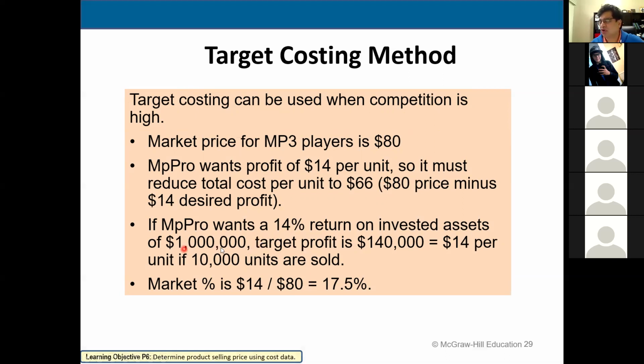So if you got $1 million invested, a 14% return of 140,000 will take place when you are able to sell 10,000 units for a $14 profit.